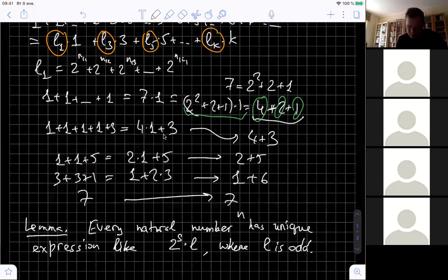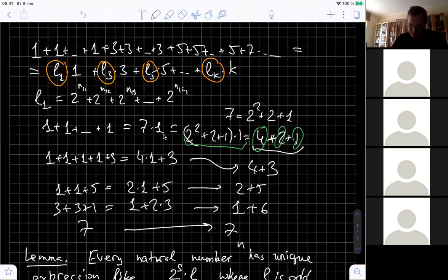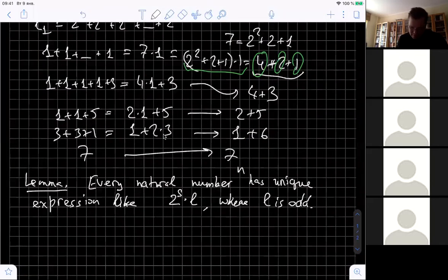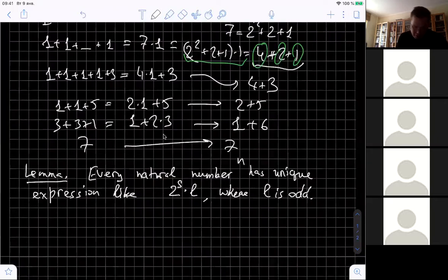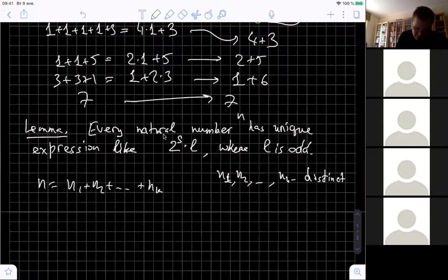So if I want to go the opposite way, for example, I have n, and I write the different parts n1, n2, up to nk, as distinct parts. I write each of these numbers as 2 to the power something times L something, where L is odd.